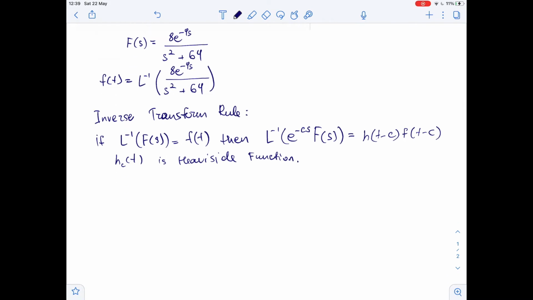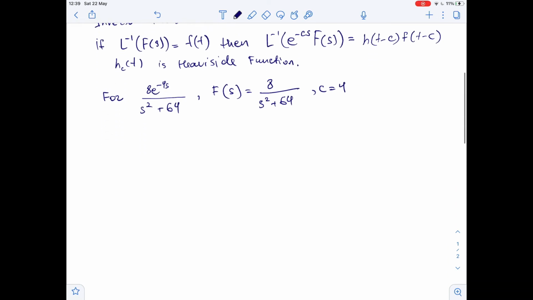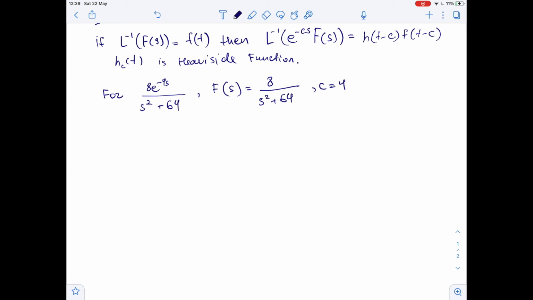So for our function F(s), F(s) is equal to 8 over s squared plus 64, where c is equal to 4. Now we will use the inverse Laplace transform table.